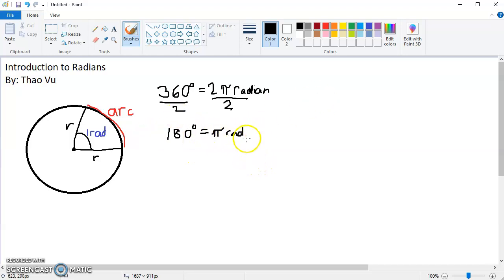So to figure out how much is in just 1 radian, we can divide both sides by pi once more.